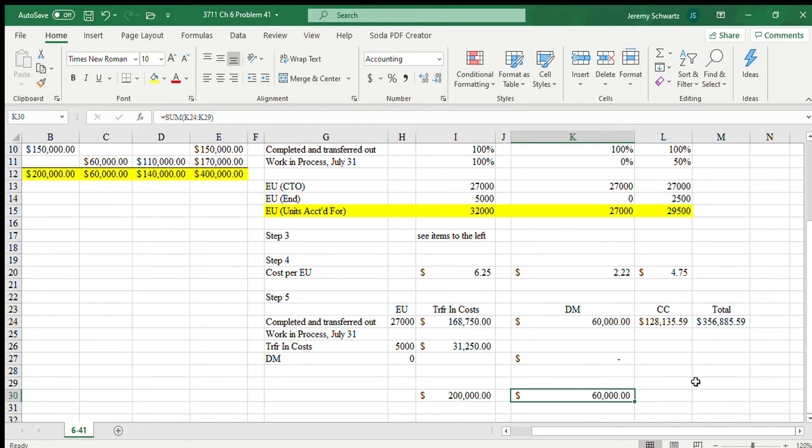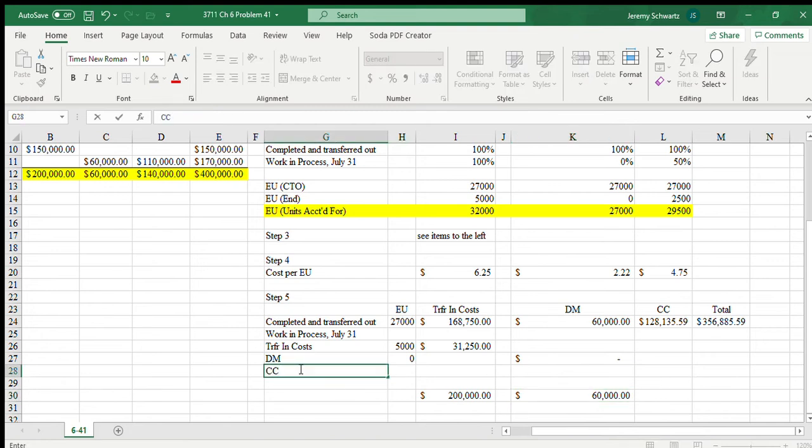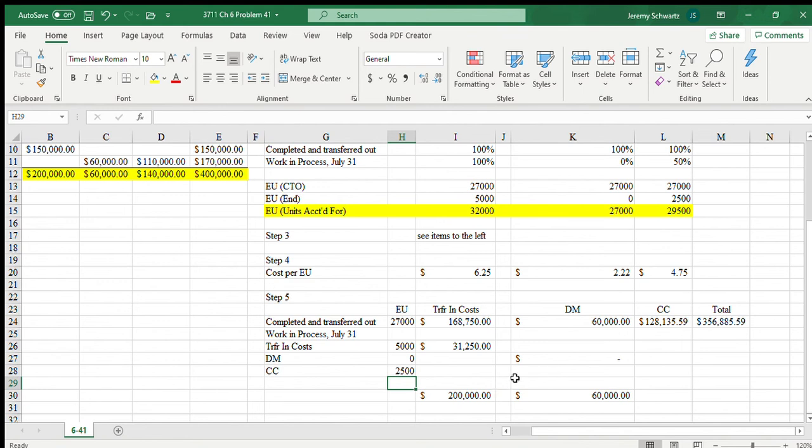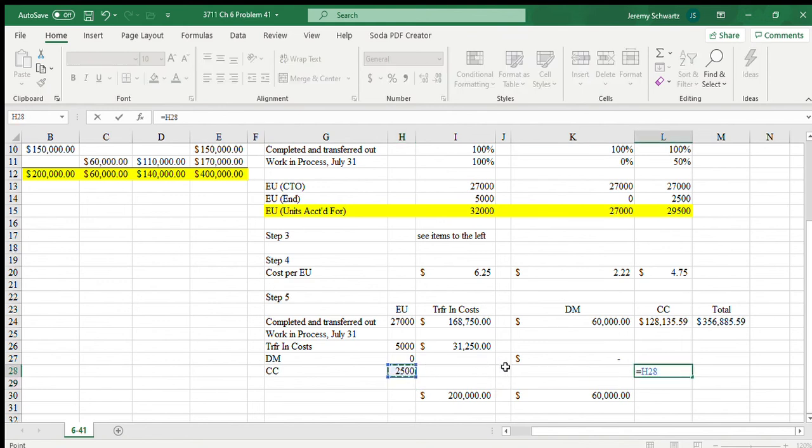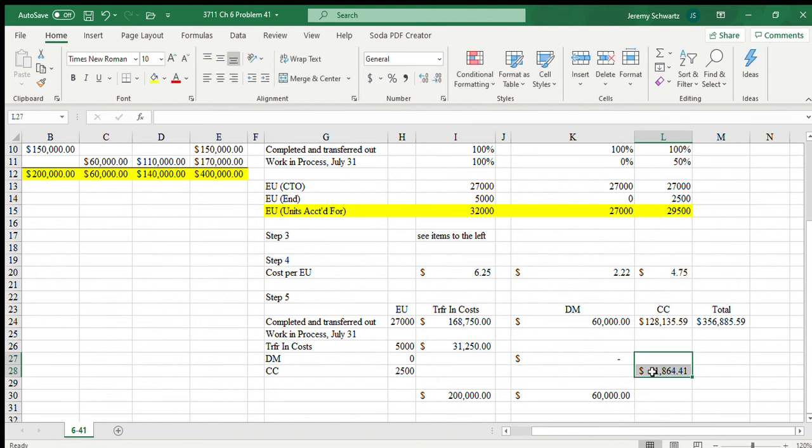So we've accounted for that whole 60,000. And then for conversion costs, since they were 50% complete, we had 2,500. So that when we multiply the 2,500 by the 475, we get 11,864. So in total, we've accounted for the 140,000.